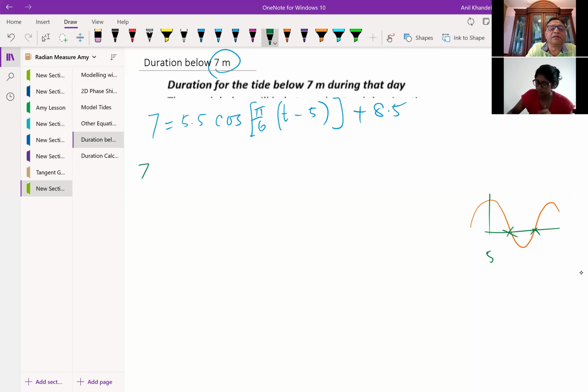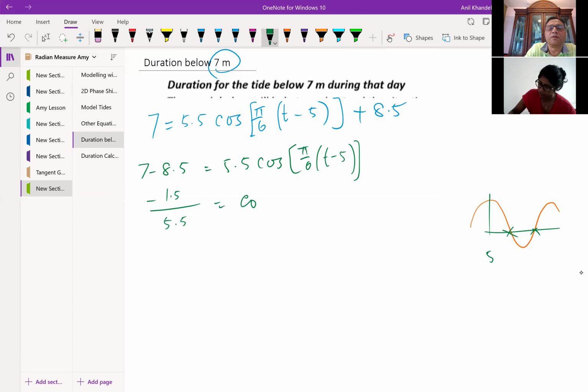So 7 minus 8.5 equals 5.5 cos of all this. Then that is 7 minus 8.5, which is minus 1.5, divided by 5.5, equals cos of pi by 6 times (t minus 5). Clear?